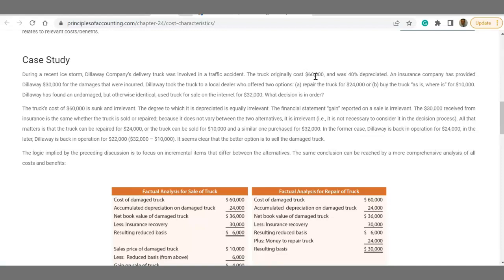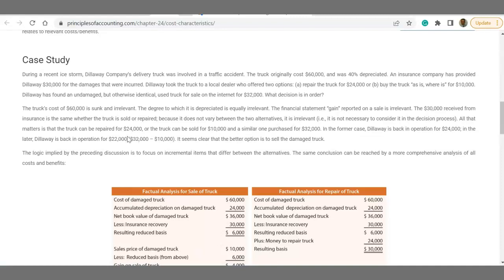That means $24,000 is depreciated so far, and the rest is not, but that's fine. So the truck book value is 60,000 minus 24. Let me calculate that. That's $36,000 book value, right? That's okay, but that has nothing to do right now with us in regards to decision making.